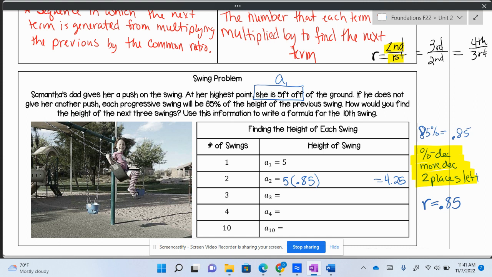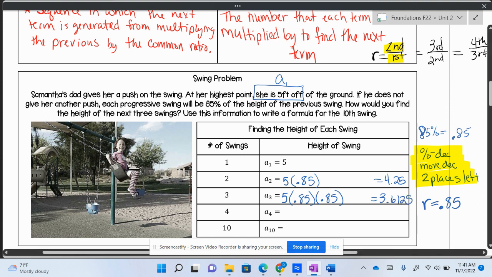Okay. The third term. How do I find the third term? You do the same thing. You take the previous term and multiply it by 0.85. What does that equal? 3.6125. Perfect. What are you lost about, Kate?